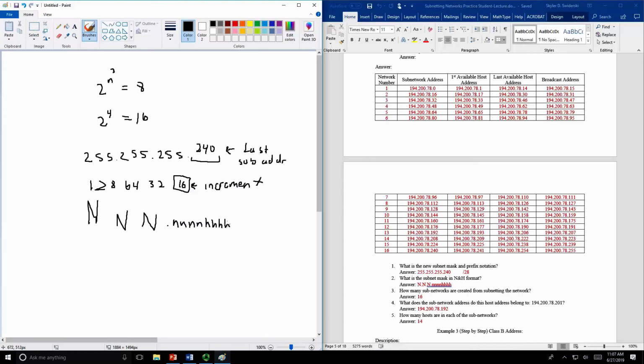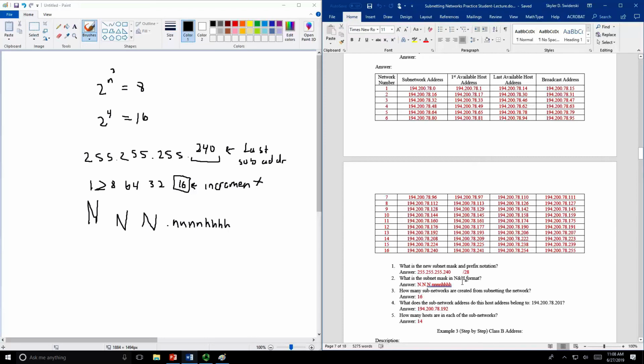Well, since 194.200.78.201 belongs to a certain range, we had to compare it. So 201, looking here, 194.200.78.193 to 206. It's closer to the last available host address of this range, so it belongs to the subnetwork address of 194.200.78.192.